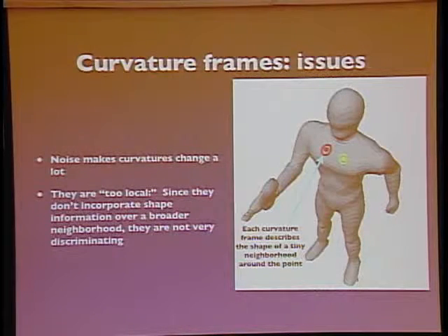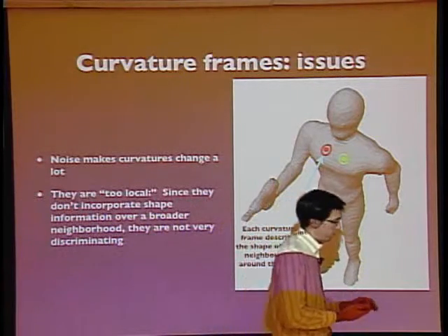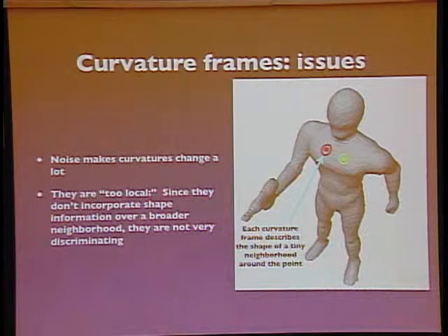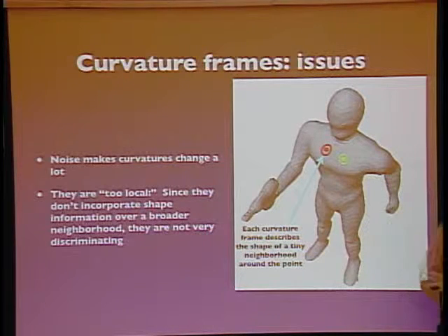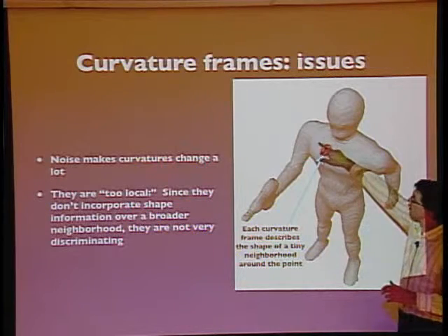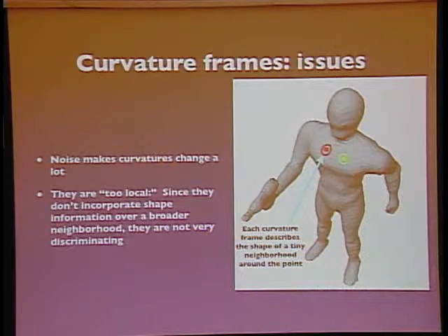The problem with curvature frames is that they are inherently highly local. So basically, the principal curvature changes very, very quickly spatially. And it's only a valid approximation of the shape of the surface in a tiny, teeny, tiny neighborhood surrounding the point of interest. And if you try to represent the shape of this larger region like this with the curvature frames, you won't do a very good job.